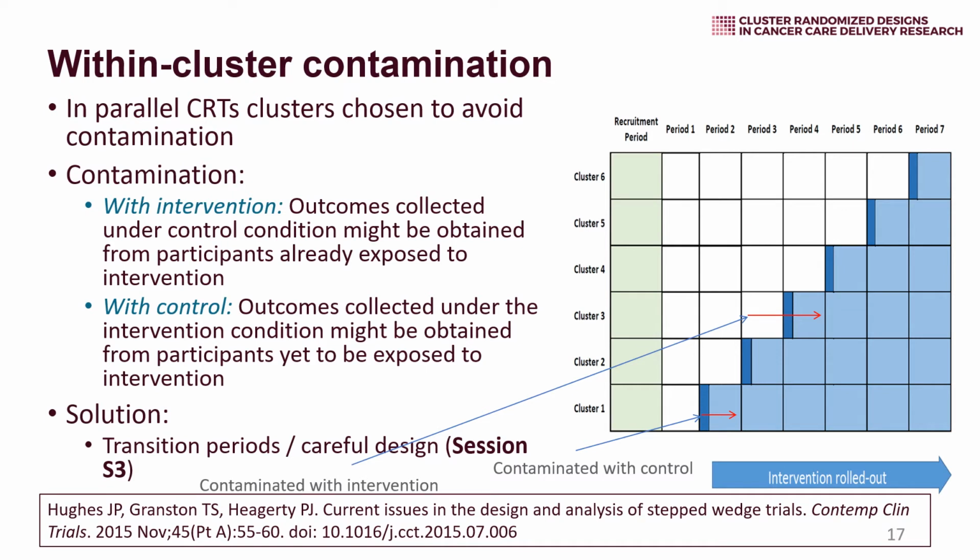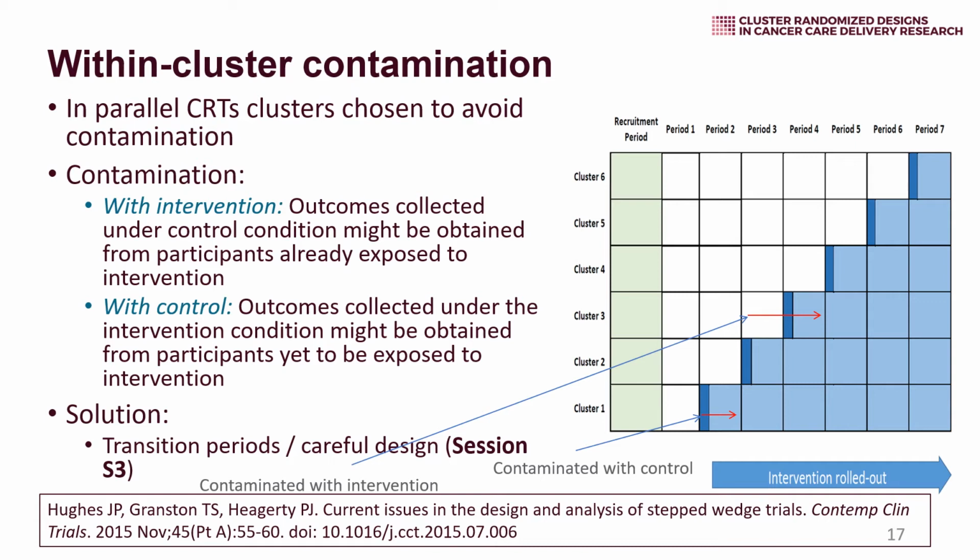The third methodological complexity is what is known as within cluster contamination. In parallel cluster trials, the clusters are chosen to avoid contamination. In a cluster trial, we've often opted to use cluster randomization because of a fear of contamination.